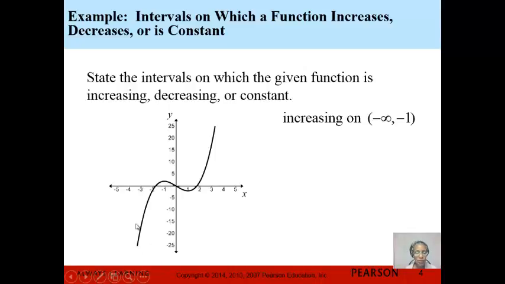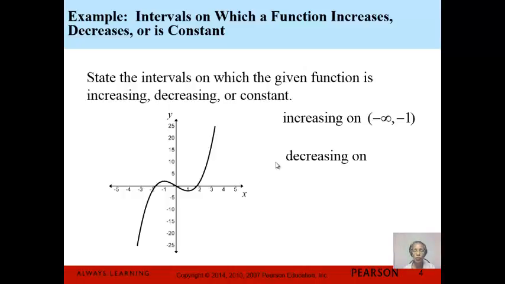So notice how it's going uphill. And you're always moving from left to right when you're trying to determine this. From 1 to infinity, the function is also increasing.